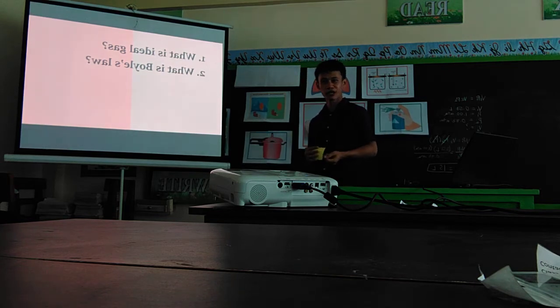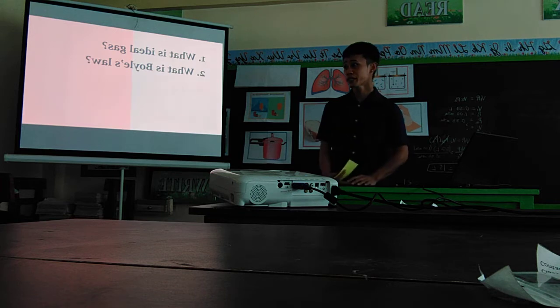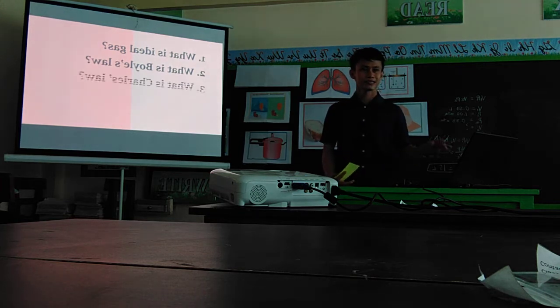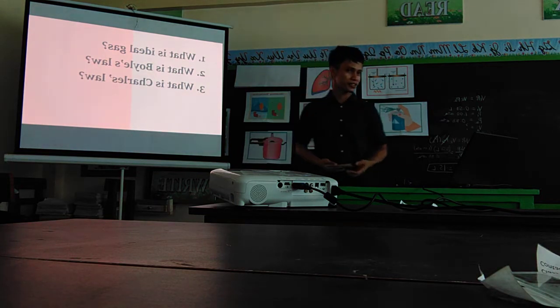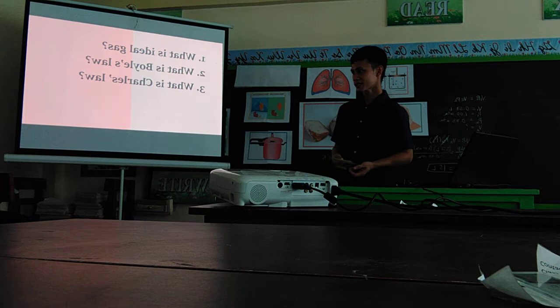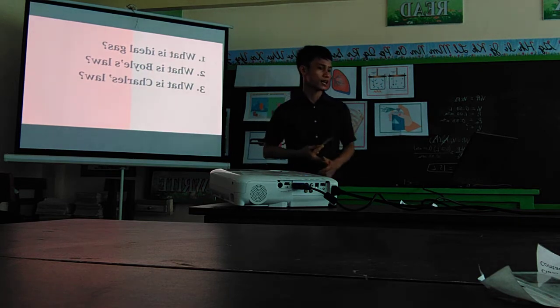Very good. So Boyle's law expressed the relationship of volume and pressure when in constant temperature. The volume is inversely proportional to the pressure. Next, Glory Ann. Very good. According to Glory Ann, it expresses the relationship of volume and temperature at direct proportionality at constant pressure.